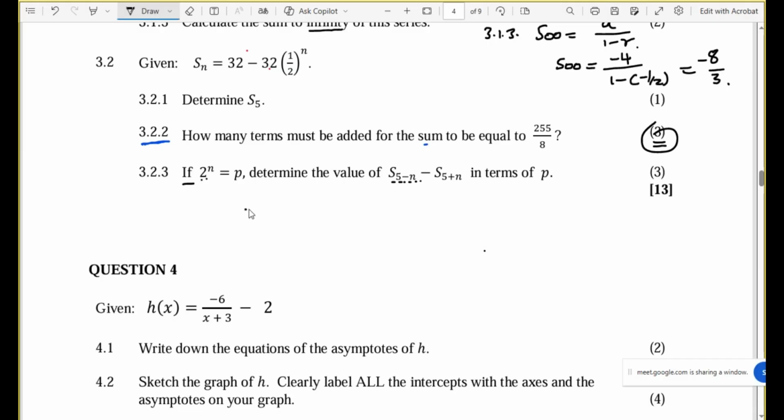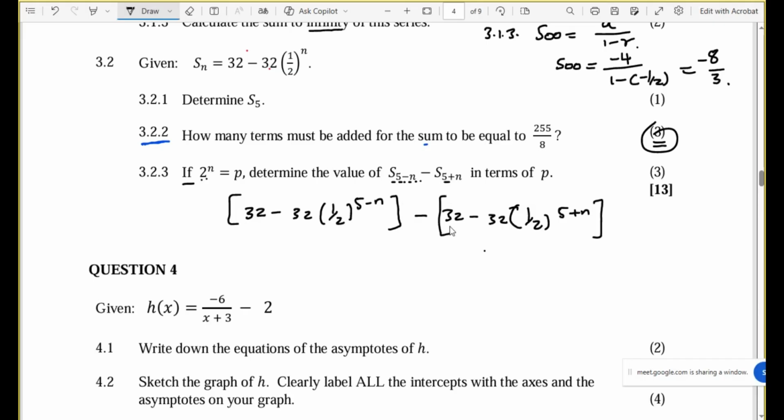So this will be 32 minus 32 into 1 over 2 to the power 5 minus n. Then we subtract this side where there's n, we put 5 plus n. So this will be 32 minus 32 into 1 over 2 to the power 5 plus n. What do we get when we substitute those two?